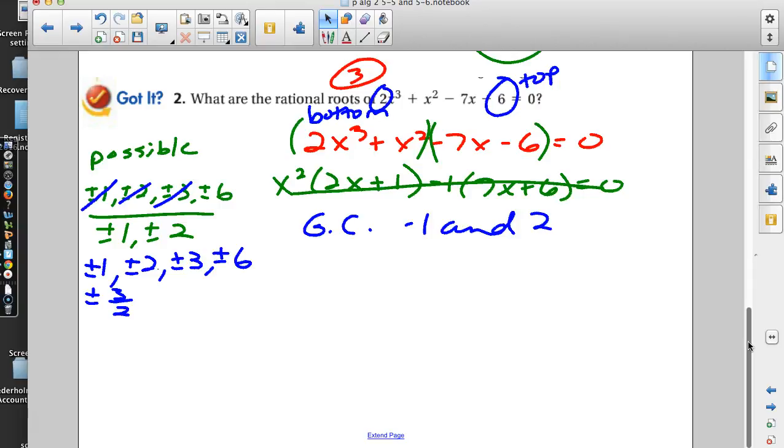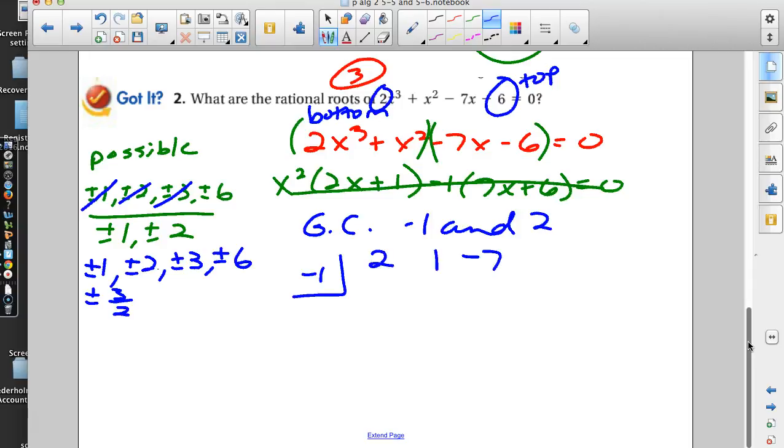Alright, so we're gonna try -1 and 2 and see if they work. And I usually just do the -1 first. It doesn't matter though. You could do 2 first, you can do -1 first. 2x cubed, 1x squared, -7x plus 6. They're all there. Please pay attention because this next step is going to be real. After this, our next step is really important.